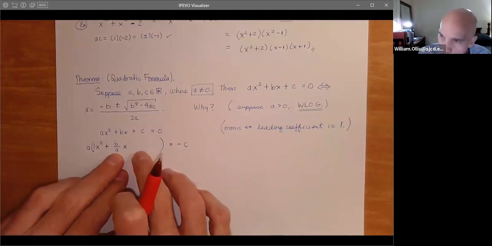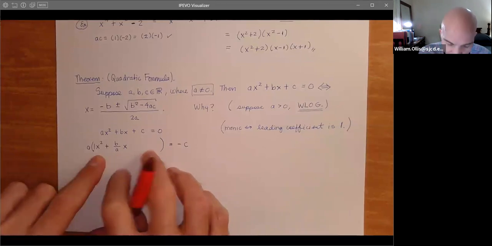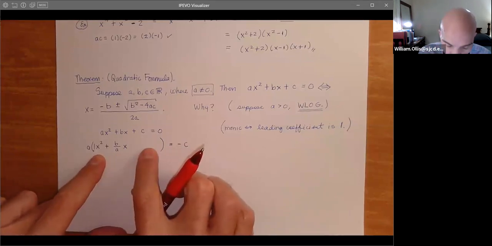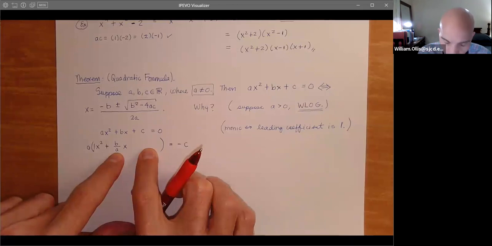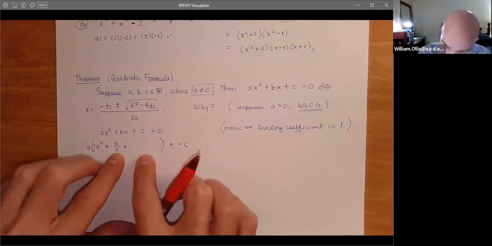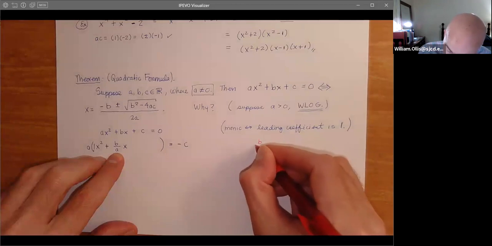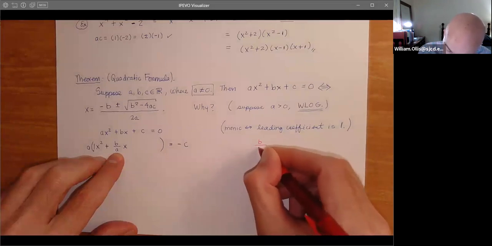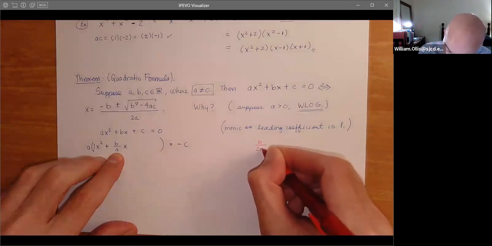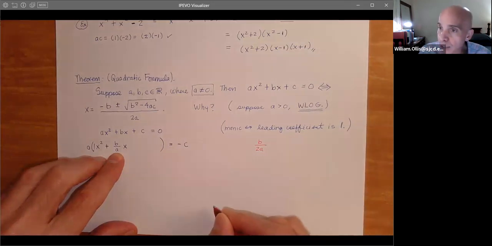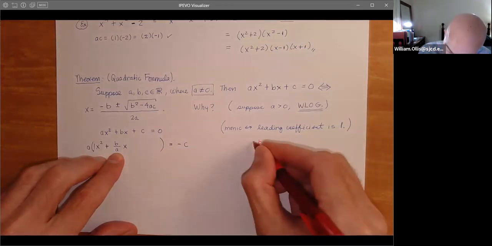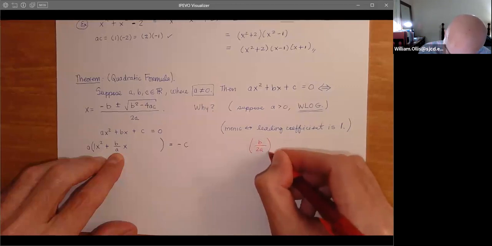Okay, so now what is the technique? What we do in order to add a number to make a perfect square trinomial is we take half of the coefficient of X. So I'll do a little sidebar here. We're going to say B over A, and then we'll divide by 2. That'll be the first process. So divide by 2 and then square the result.